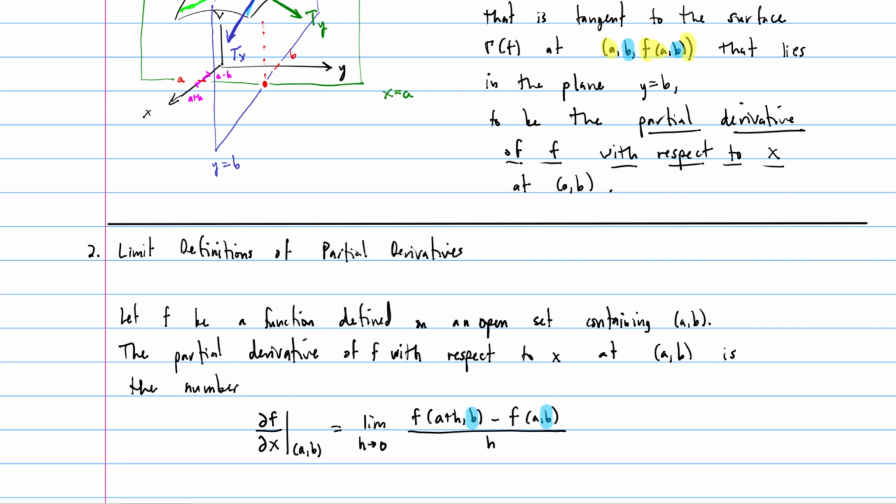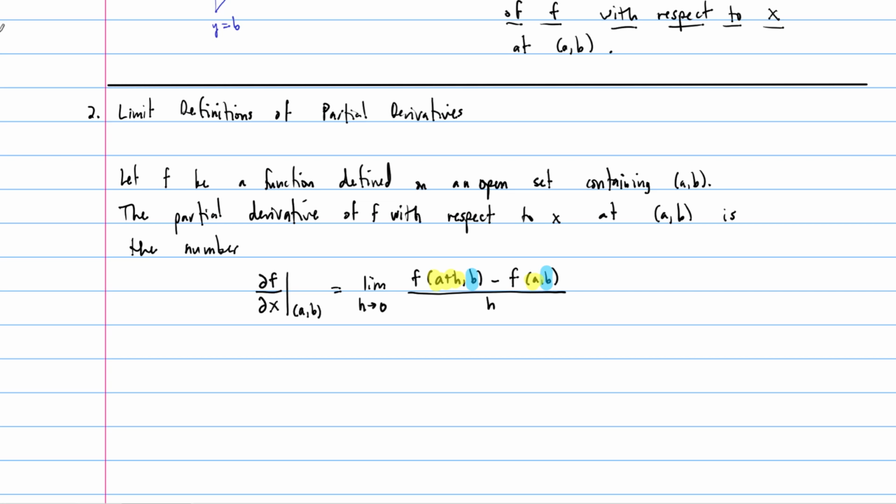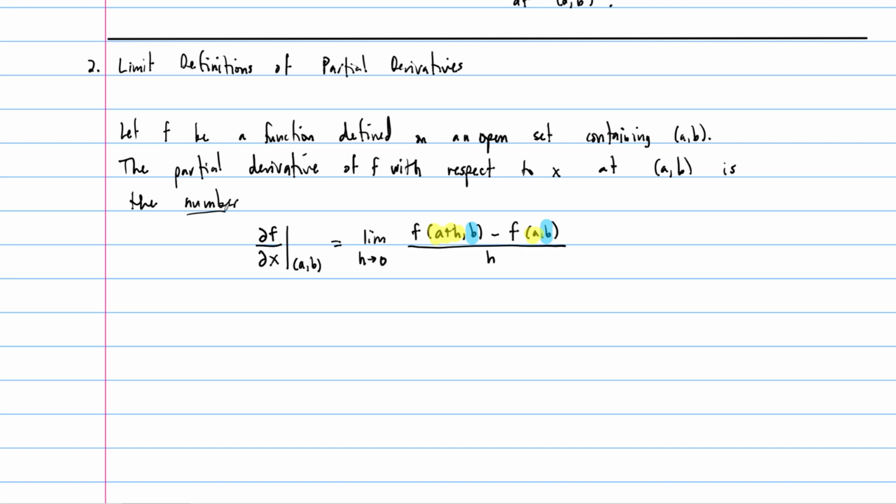We've fixed the b, and what makes this a partial derivative in the x direction is that we have this tiny change in the x coordinate. So this is the definition, but we have to add one more line. Anytime we define something by a derivative, we have to say that this is the number provided the limit exists. There's no guarantee that this limit will exist. It depends on the function, right? But provided the limit exists.